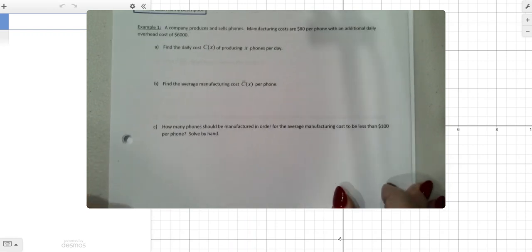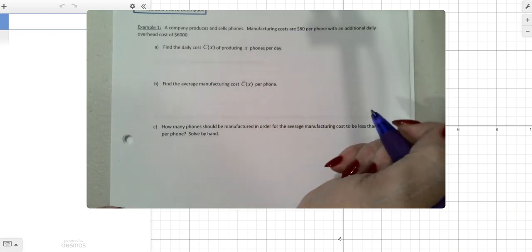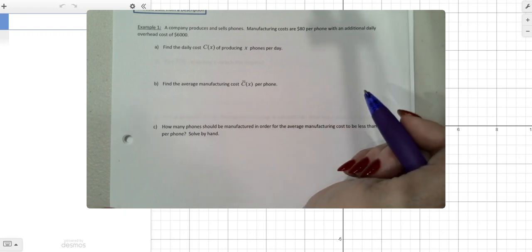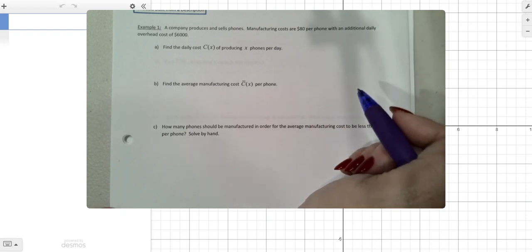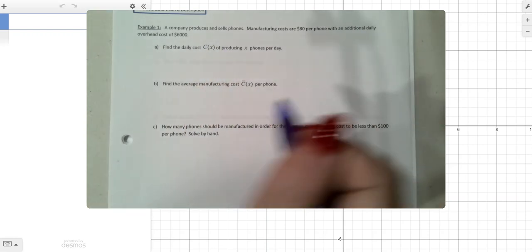In our first example, we have a company that produces and sells phones, tells us the manufacturing cost is $80 per phone, with an additional daily overhead cost of $6,000. We want to find the daily cost to produce x phones per day.